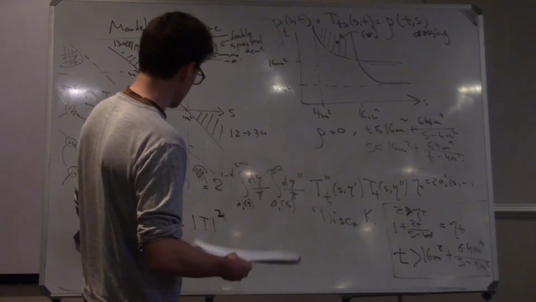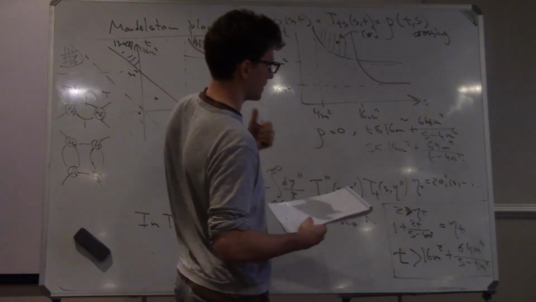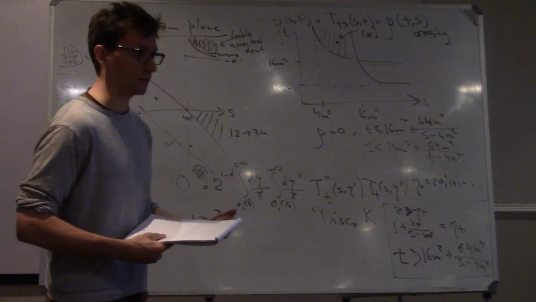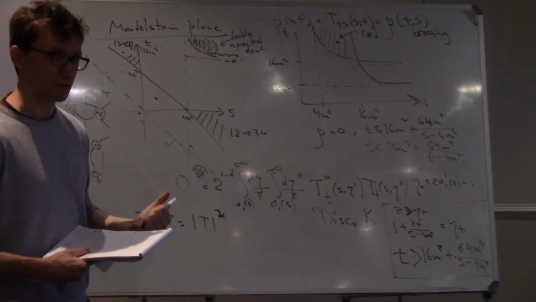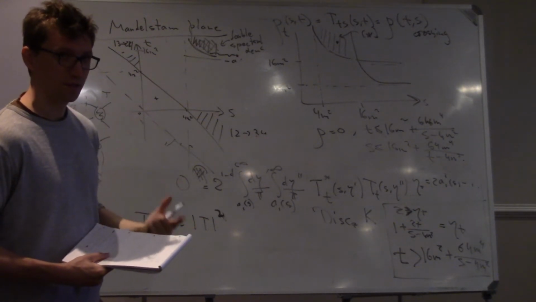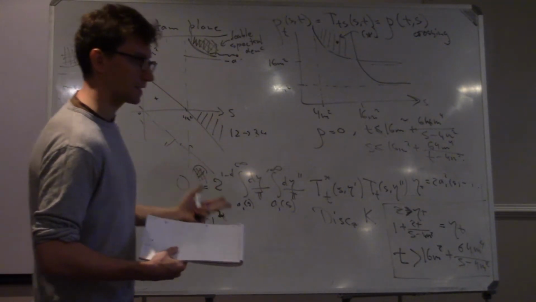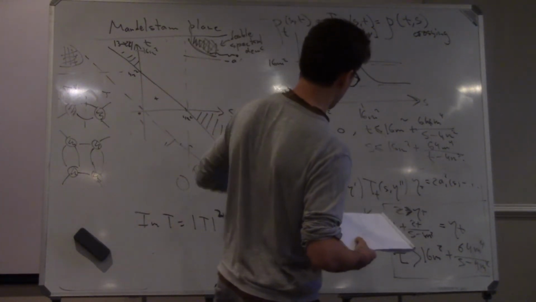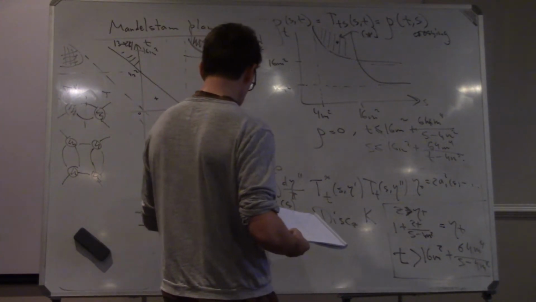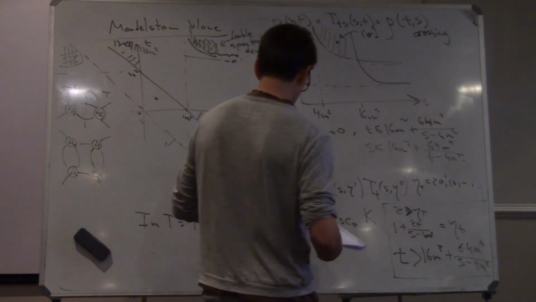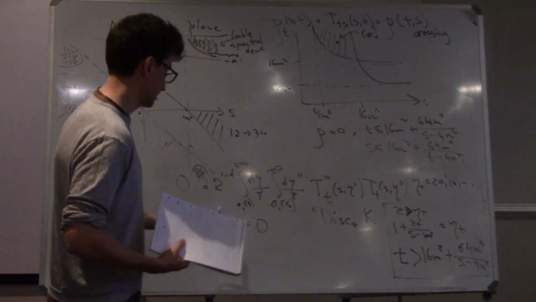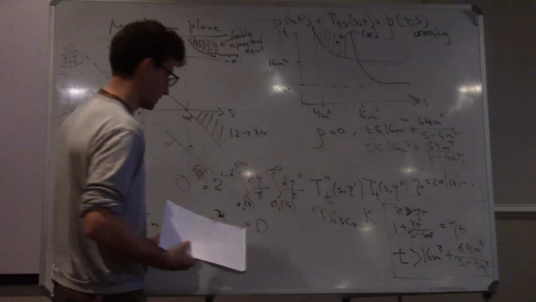Therefore, we conclude that from crossing, so we start with elastic unitarity, we analytically continue, we assume no production, we use crossing, and we conclude now that the discontinuity of the amplitude in this region is 0. But it's positive definite, so the amplitude itself is 0.